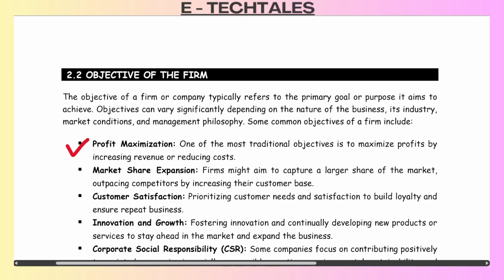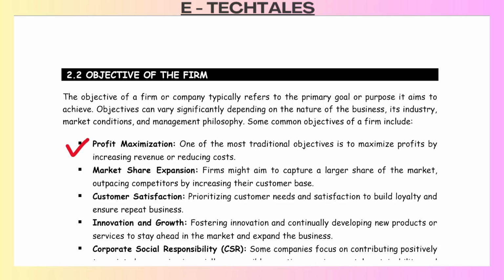Now, why profit maximization? It is the most traditional objective, where the company will want to maximize its profit, yes, by increasing its revenue or by reducing the cost of expenses or the cost of raw materials it is using. Correct?